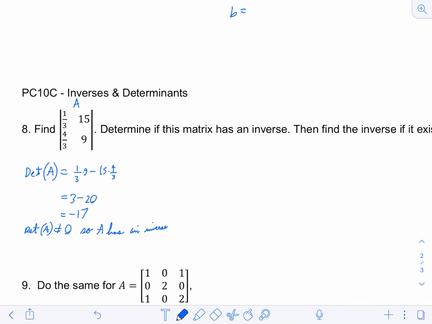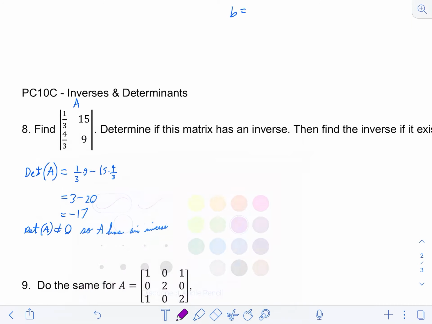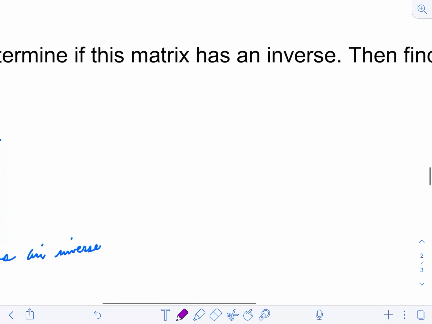But I don't really like to use the shortcuts because, again, they only work for certain ones. It's better if you understand the entire idea here. And if we want to find the inverse of any matrix, no matter its size, what we have to do is just augment it with the identity matrix of its size.